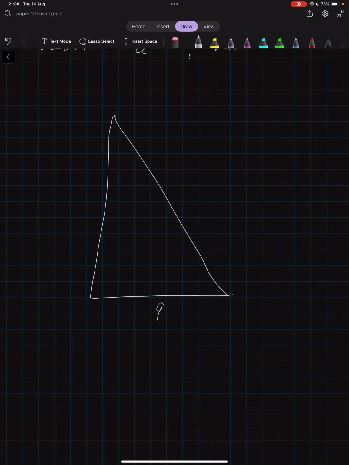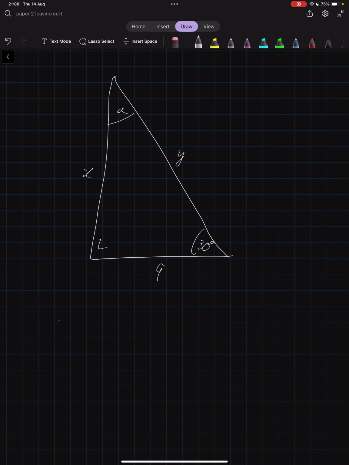Let's say this is 9 and this is, say, 30 degrees. Figure out X, Y, and say alpha, given that it's an angle. First of all, I'm going to figure out what X is. I can say the tan of 30 is going to be the opposite side to this angle, which is X, divided by the adjacent side.